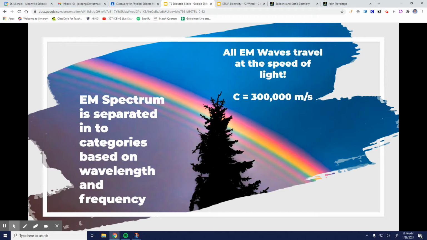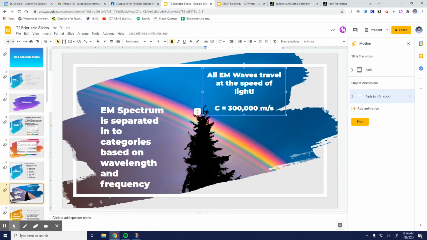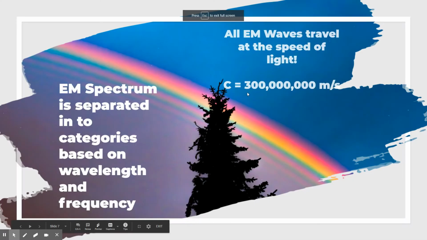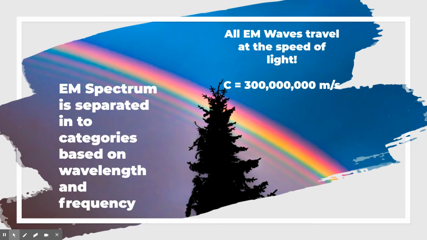But it does not matter that they have different frequencies or wavelengths because they all travel at the same speed. They all travel at that same speed of 300 million meters per second, or the speed of light. In the equation E equals mc squared, c is that speed of light, and that's the number. So c is equal to 300 million meters per second.